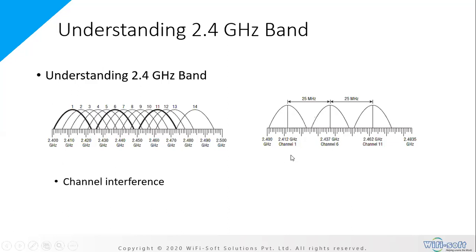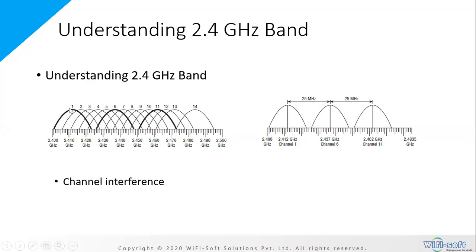So effectively, what you get is the picture on the right hand side. The distance between two bands needs to be 25 megahertz for them to not overlap, and that's how the Wi-Fi technology has been designed. But the difference between channels 1 and 2 is only 5 megahertz.